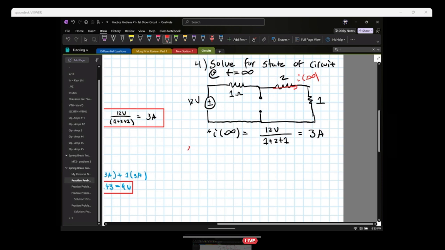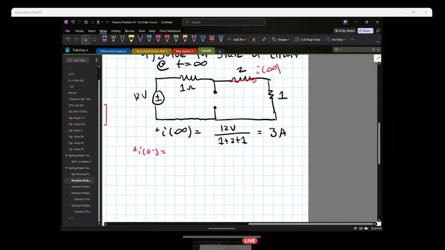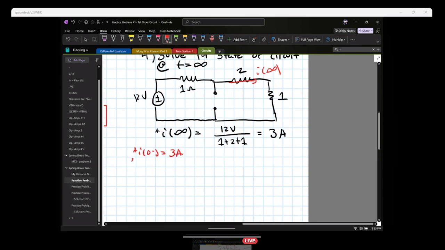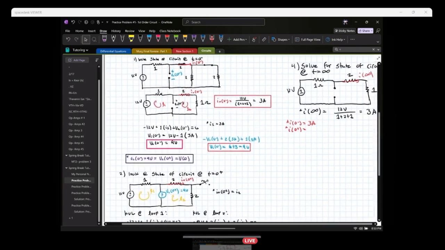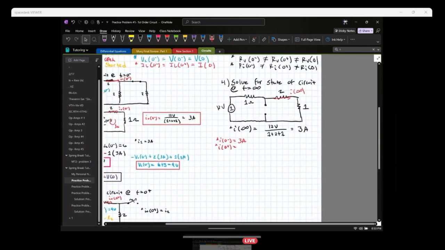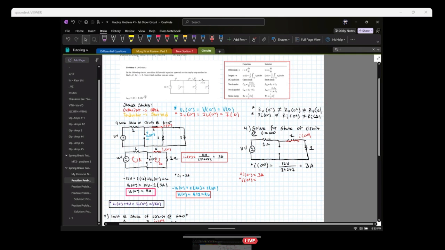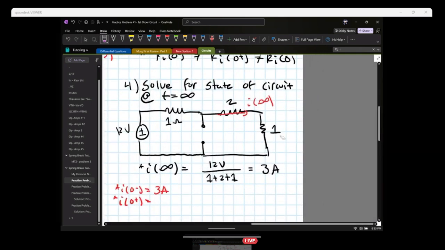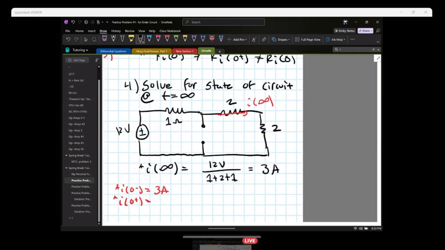So now we know I of 0 minus is equal to 3 amps. I of 0 plus, which was equal to... where is it? Check your resistors. Did I mess them up? I think so, on the far right. Is that a 1 or a 2? I did, thank you. This is 2.